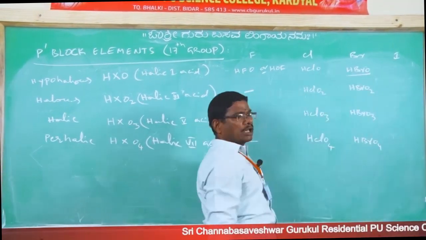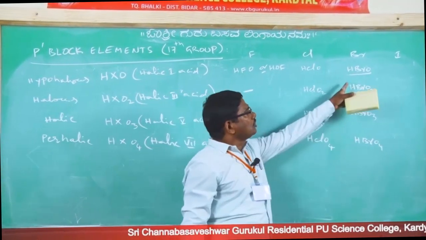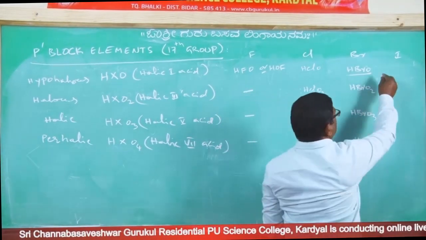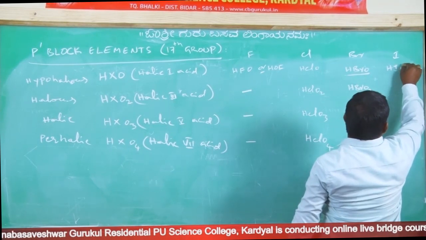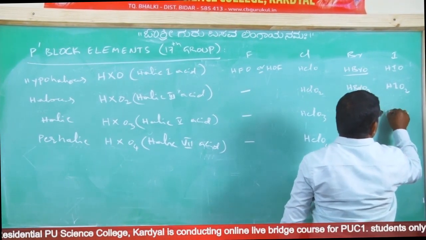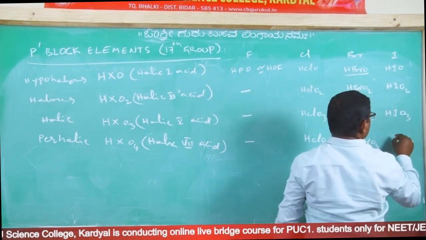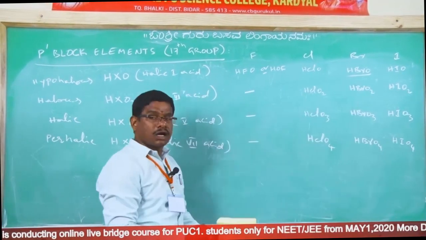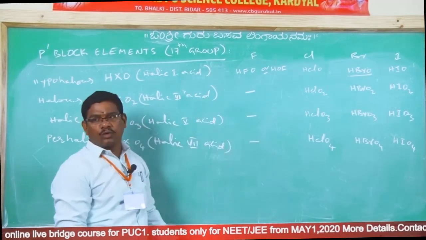This is unstable. So hypobromous acid, bromous, bromic and perbromic acid. Similarly, HIO, HIO2, HIO3, HIO4. These are oxy acids of halogens.